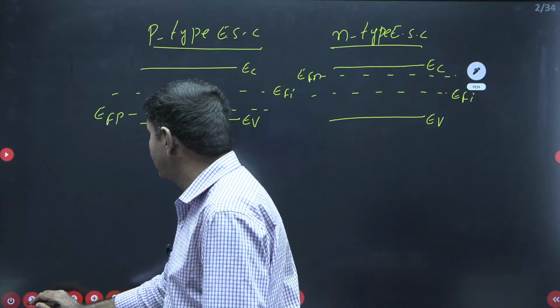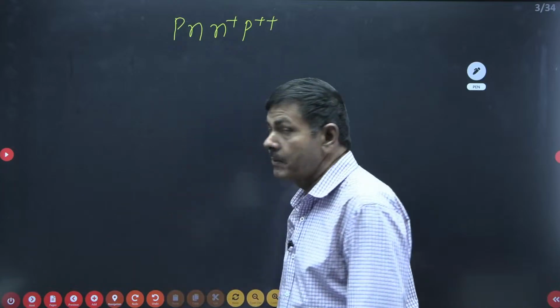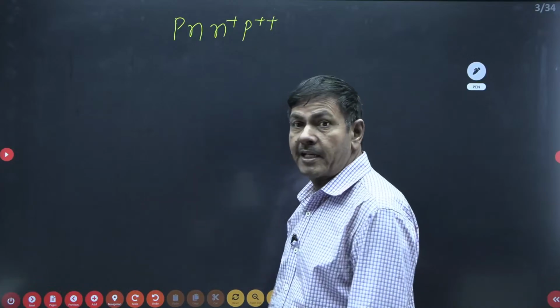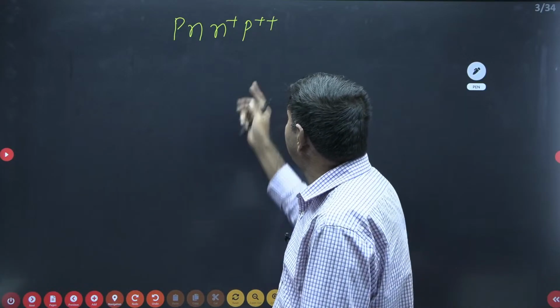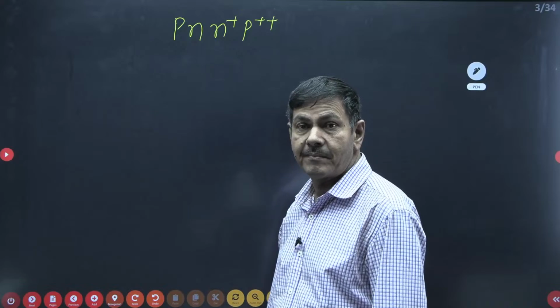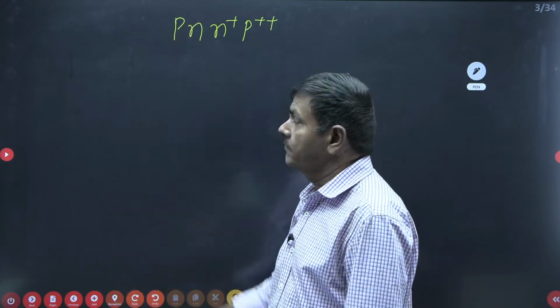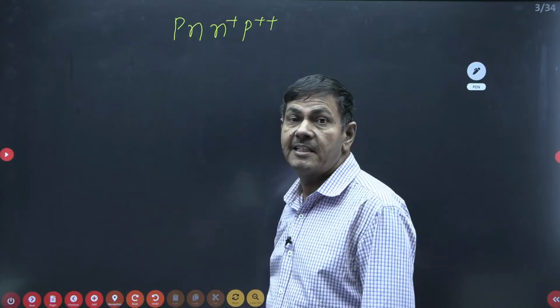The question was given this way: p, n, n plus, p double plus. N plus indicates it is moderately doped. P double plus indicates heavy doping. If no plus is given for the p-type and n-type, it is lightly doped only.